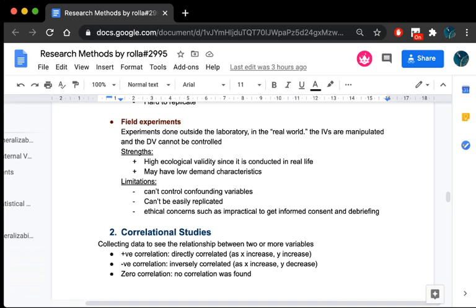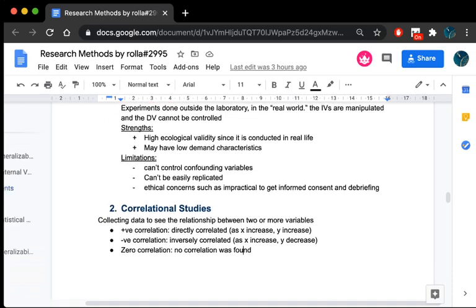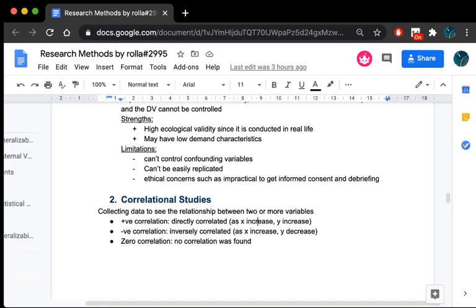This usually also can't be easily replicated, since you can't replicate a natural traffic jam with these strangers. No, you can't do that. And you also cannot control confounding variables. So like, let's say there are certain people in a certain area.